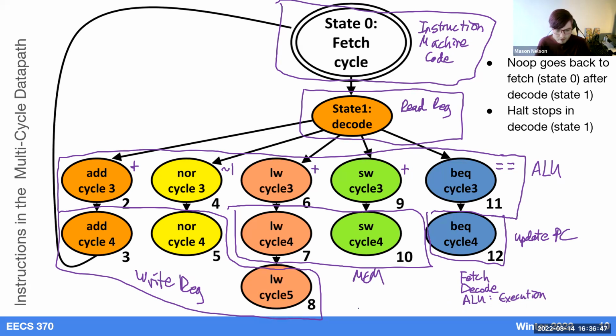I'm just going to put the write register after memory, since that definitely has to happen for LW. So we might access memory, and then we might write to the register file. And then, of course, we had the PC updating over here, doing its own thing. I guess we could put that into a write register, but there's no reason to not put it with memory since they're kind of distinct. So I'll put that here.